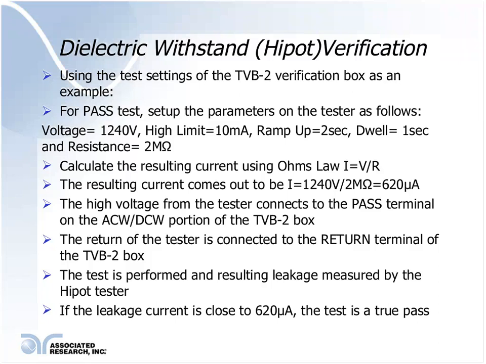So here, for the ACW pass test, we're going to connect the high voltage lead from the Hipot unit to the pass terminal on the ACW portion of the TVB2 box, and the return lead will be connected to the return terminal of the TVB2 box, going back into the Hipot tester. Then, using a simple Ohm's law calculation, we can determine that the leakage current should be around 620 microamps.